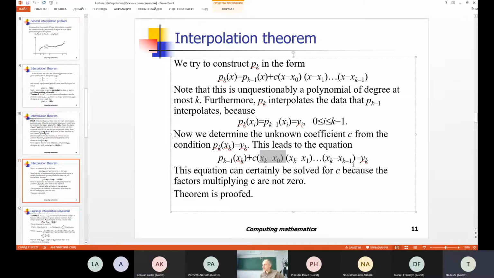We know how to find the linear polynomial, how to find the line that passes through 2 points. Now the question is how to find, for example, the polynomial of degree 2 that passes through 3 points.